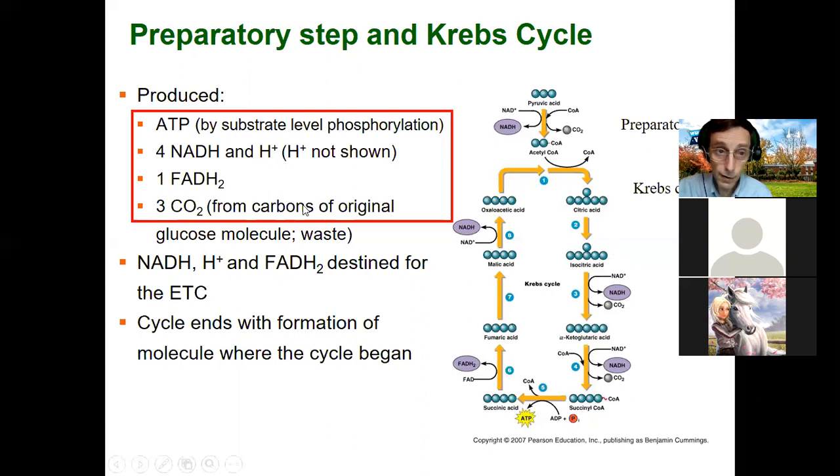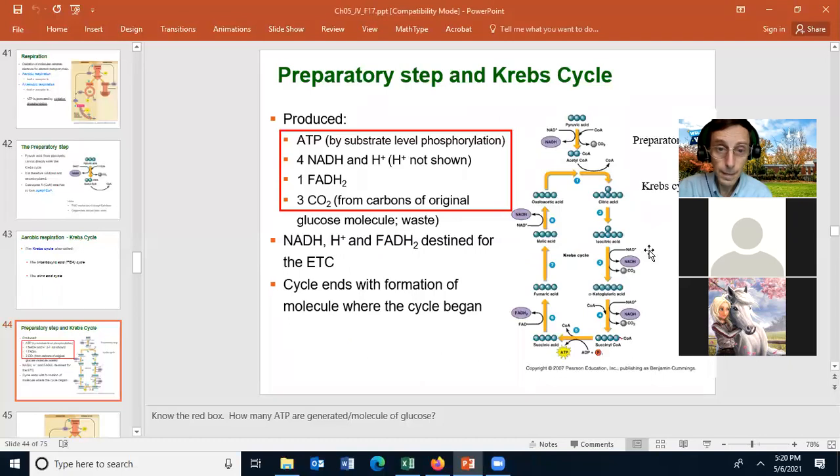Okay? So for these numbers here, you need to multiply by 2 when we're talking about glucose. Is that clear to everybody? All right, I hope that's clear.